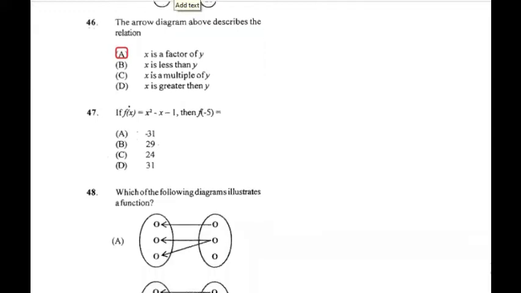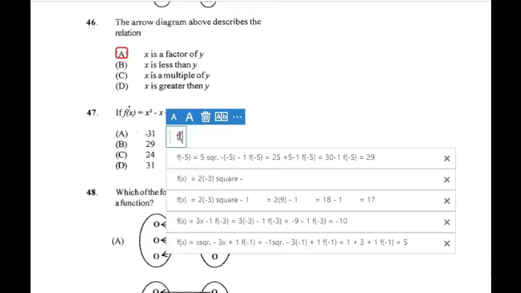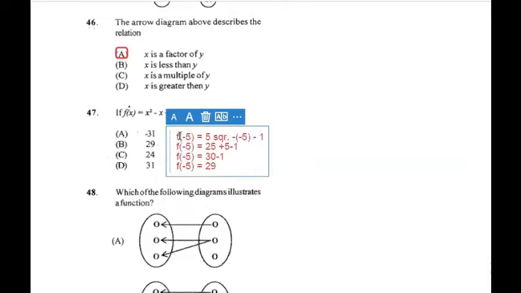47. If f of x is equal to that equation, then f of negative 5 is equal to, so what we'll be doing is, wherever in this equation you see x, you'll replace it with negative 5, then solve the equation. So it's f of negative 5 equals x squared, which is negative 5 squared, minus x, which is minus negative 5, minus 1.